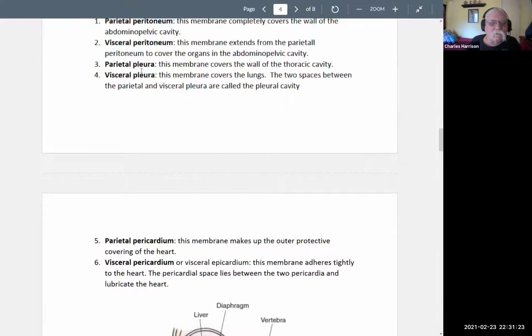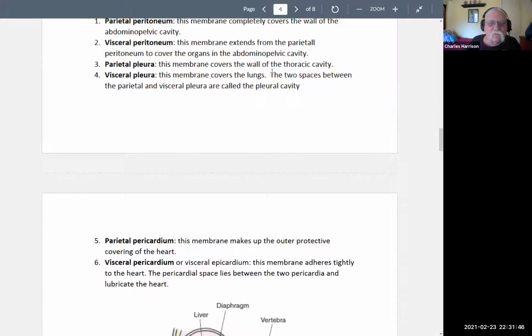Parietal pleura. Tear your lungs, mentally anyway, out and feel the cavity where the lungs were present. The body wall, okay, is the parietal pleura.